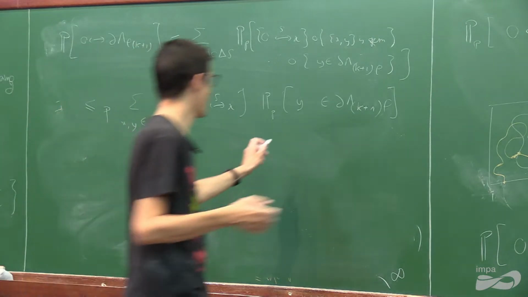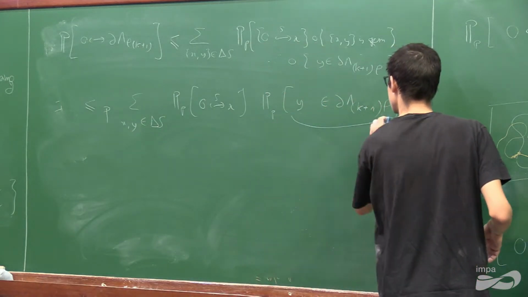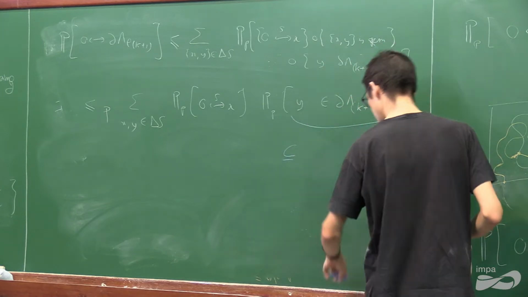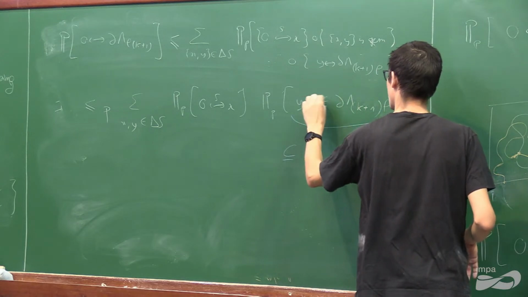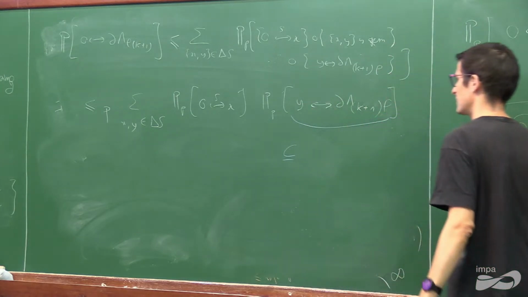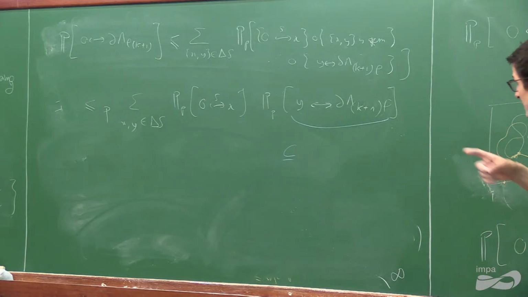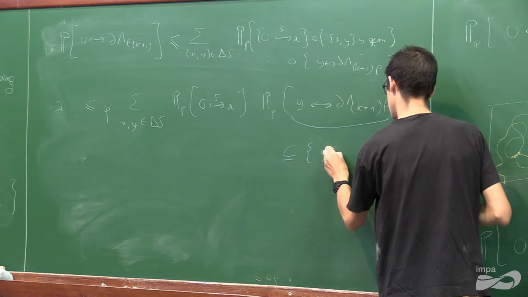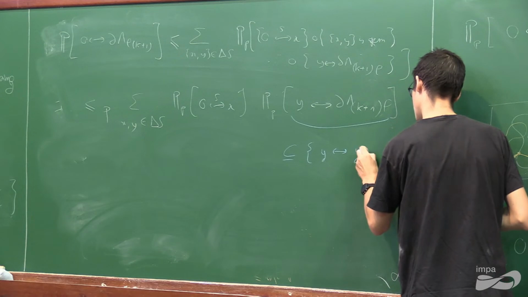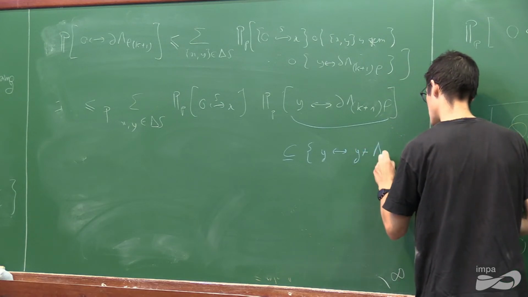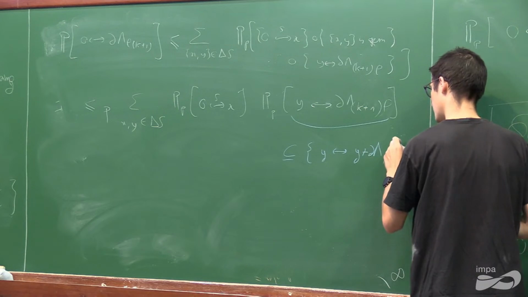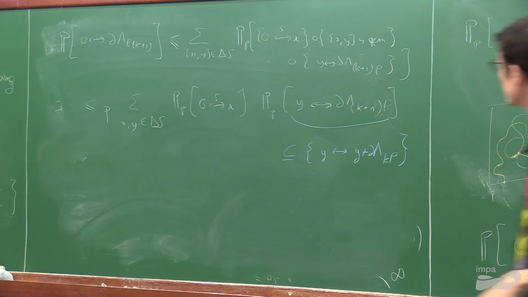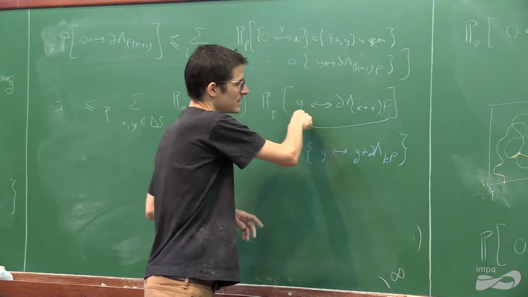So this thing is included in, and I'm sorry, I'm kind of messing up all the notations here. This thing is included in the event Y is connected to this. If it has a connection, it has a connection to this box.